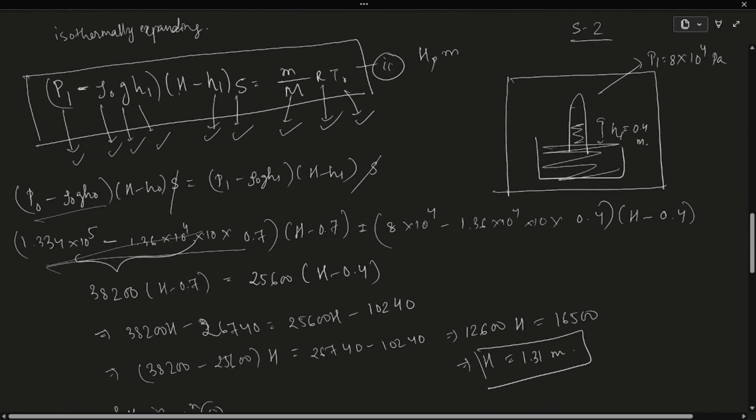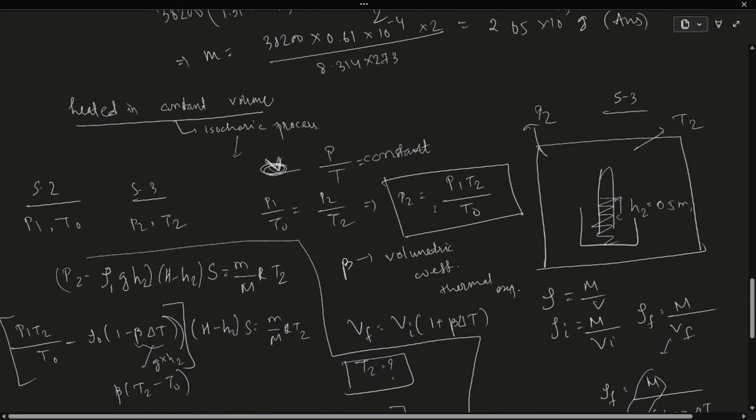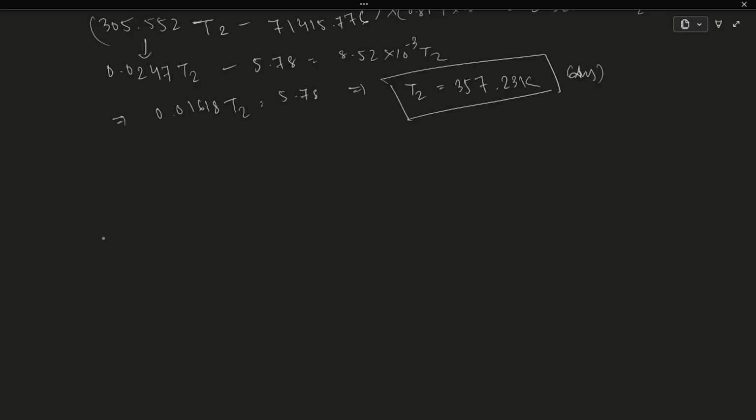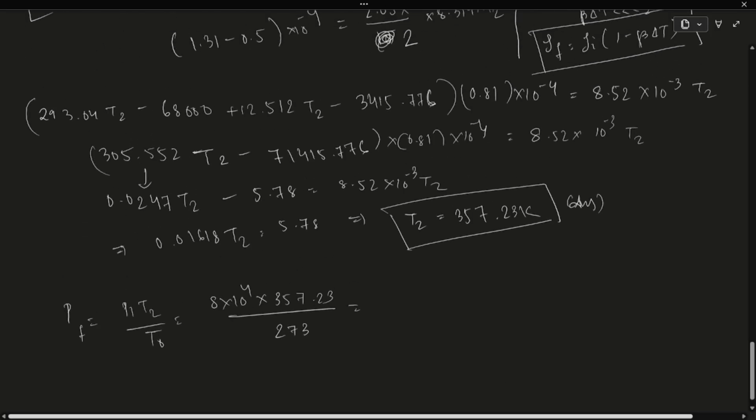For the pressure in scenario 3, we have written P2 equal to P1 T2 by T naught. So the final pressure is basically P1 T2 by T naught. P1 is 8 into 10 to the power 4, T2 is 357.23, T naught is 273, right?